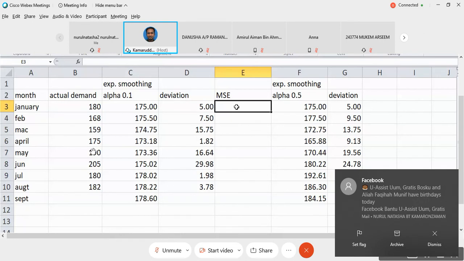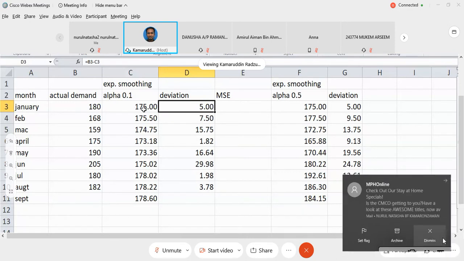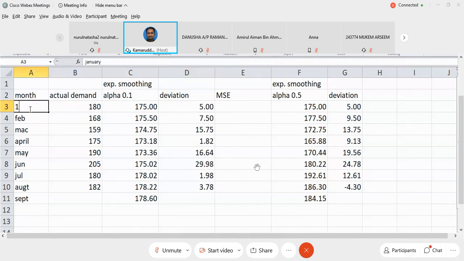So we subtract the result of forecasting from the actual demand. Here we have 5 units, and in quarter 2, so this is the quarter, not the month, right? And we change back.